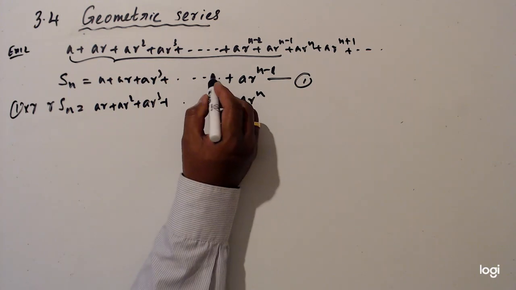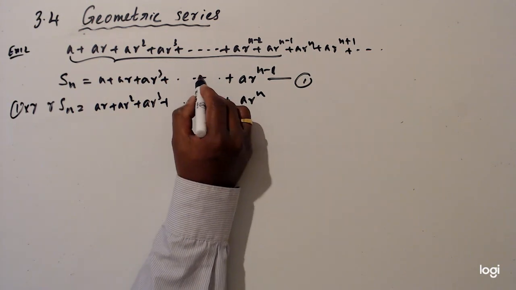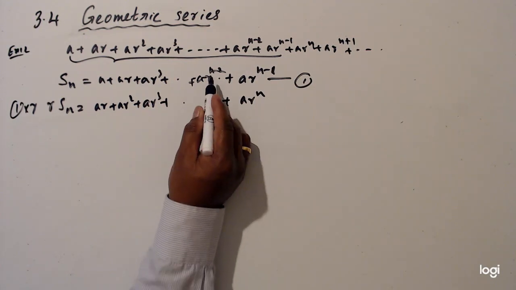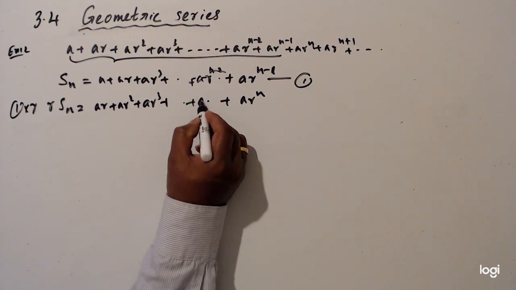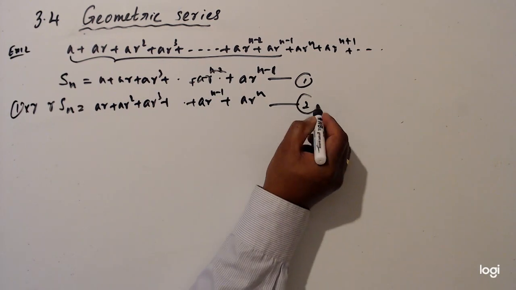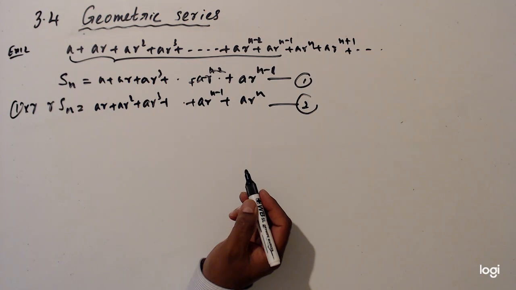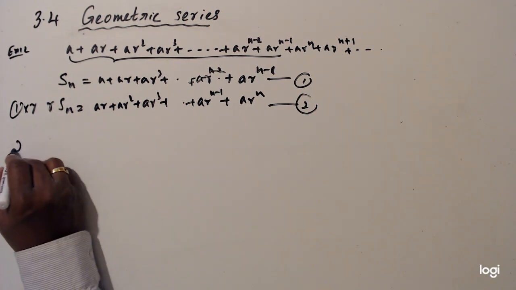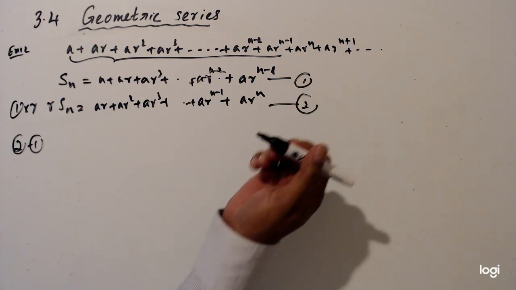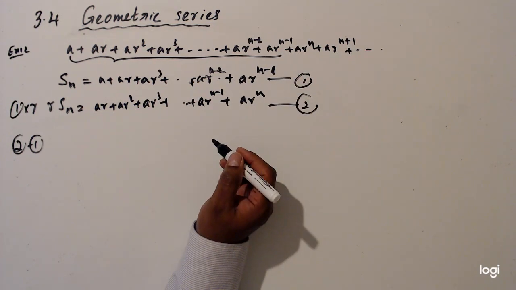Now, if I write one more term before that, AR^(n minus 2), multiplied by R, this will become AR^(n minus 1). So this is the second equation. Now equation 2, from 2 subtracting 1.